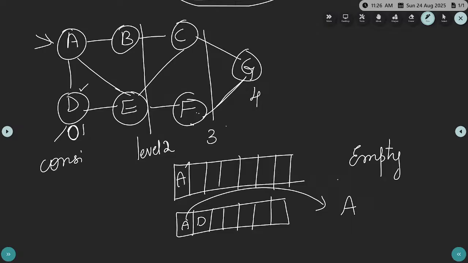Select any unvisited adjacent vertex and push it onto stack and make it as visited.